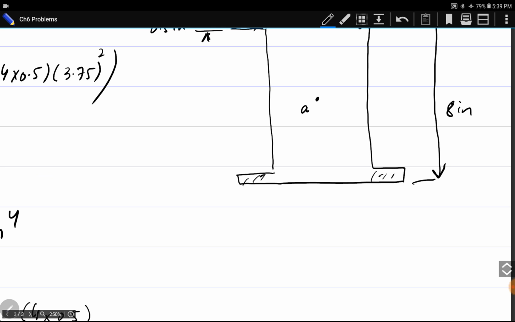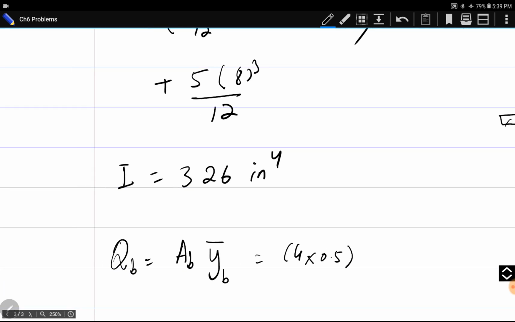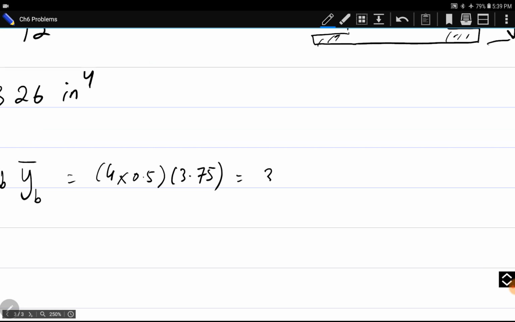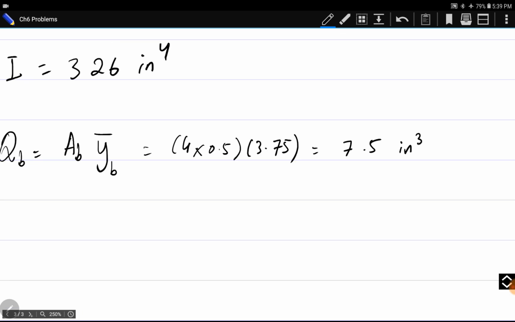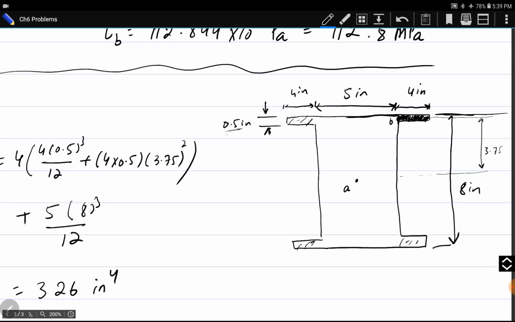What is the distance of its centroid from the centroid of the cross section? This is 3.75. Total height is 4 from the mid, and by subtracting half of this width, it is 3.75. So QB becomes 7.5 cubic inch. And TB, the thickness of the portion at point B, is 0.5.